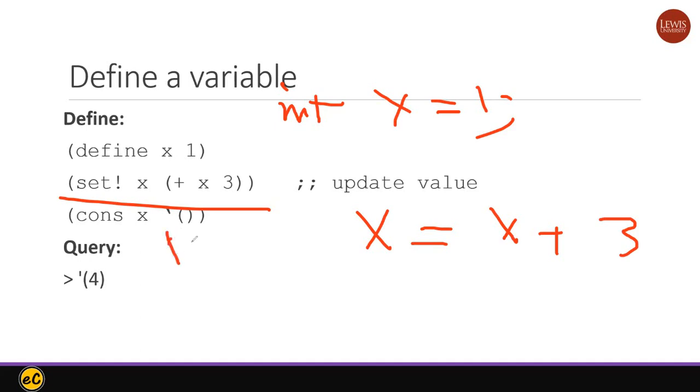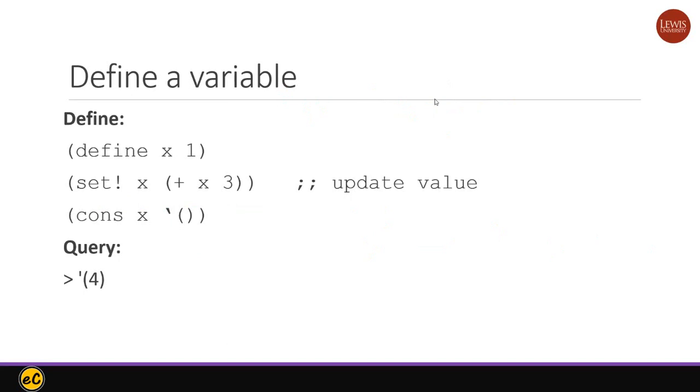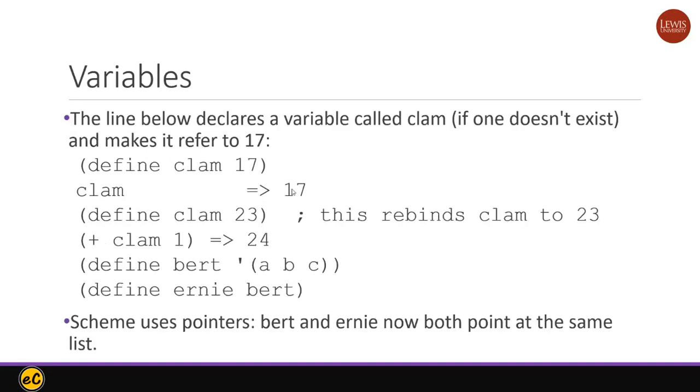I have a quick question. For define, I know you said it's like integer, but could you also use strings with it? Is it like Python, where any variable type works, or is it specifically integers? It can be an integer, it can be a string, it can be a function. It can even be a function.